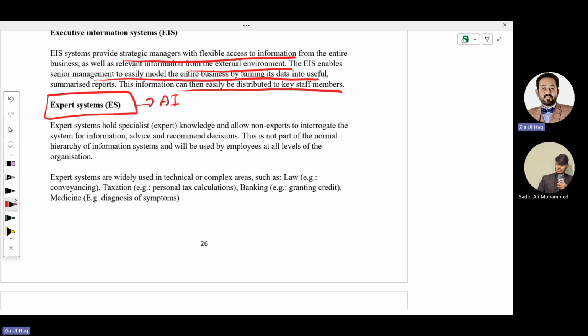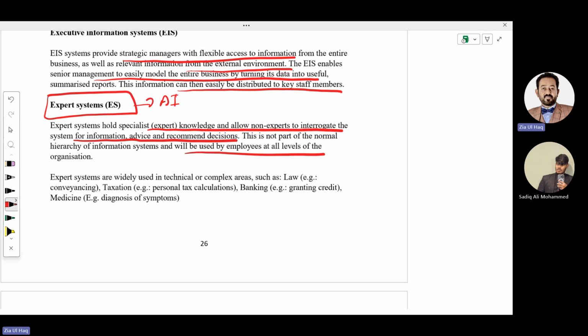So an expert system holds specialist expert knowledge and allows non-experts to interrogate the system for information, advice, and recommended decisions. This is not part of the normal hierarchy of information systems and will be used by employees at all levels of the organization. Though they are expensive, they can be used at all levels of the organization.